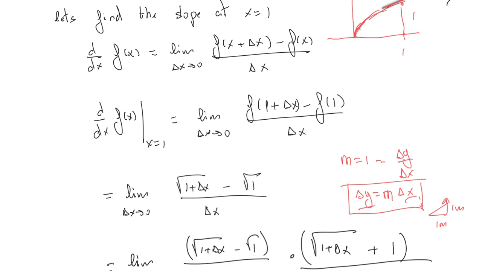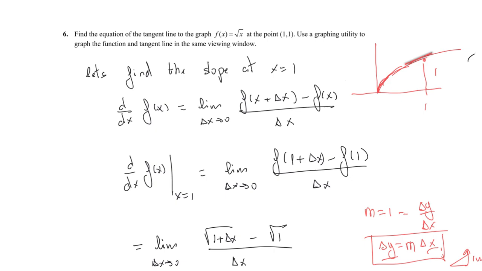So please see how it is the same process again: f of x plus delta x minus f of x divided by delta x. The point x is the point 1, because they want the slope at the point 1, so f of 1.